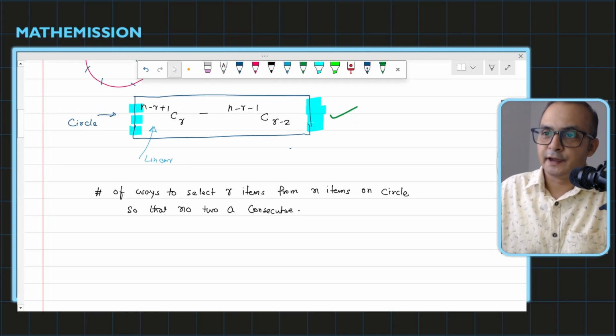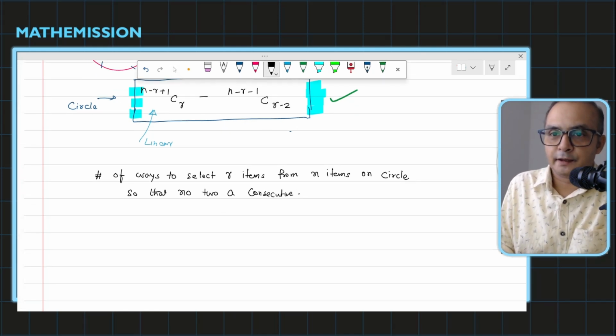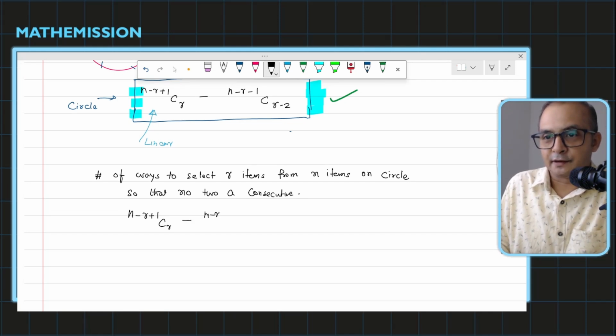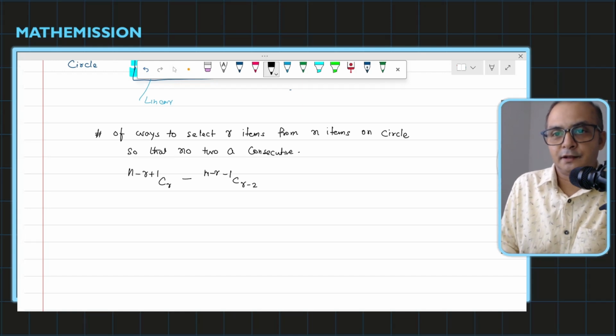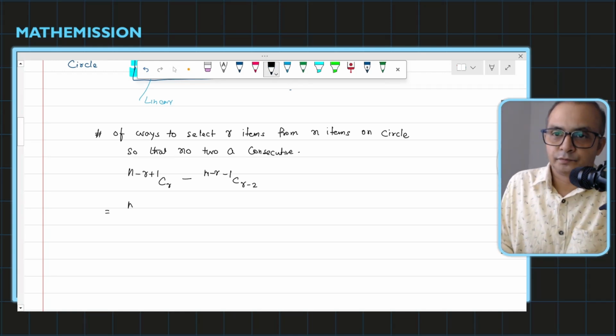For that, I want to simplify this formula: n minus r plus 1 C r minus n minus r minus 1 C r minus 2. So I will calculate and then I will tell you what is happening.